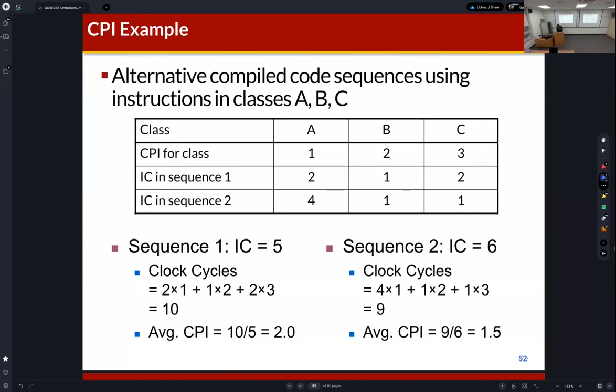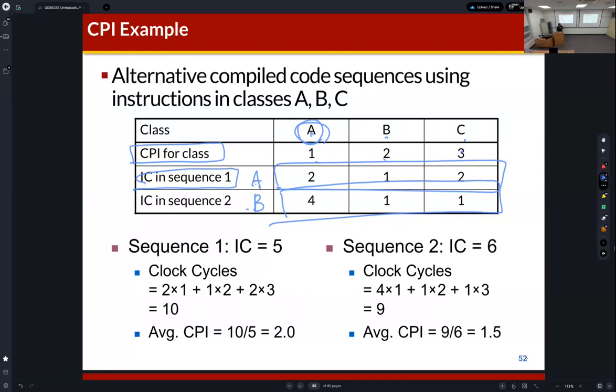This is another example that calculates the CPI. This is the instruction class, so different instructions A, B, and C, and then the CPI for each instruction class: 1, 2, and 3. This is the instruction count in sequence 1 and the instruction count in sequence 2. You can find that there is a different composition of instructions in sequence 1 and 2.